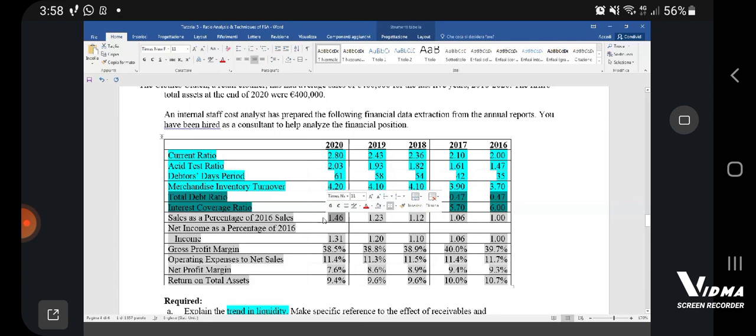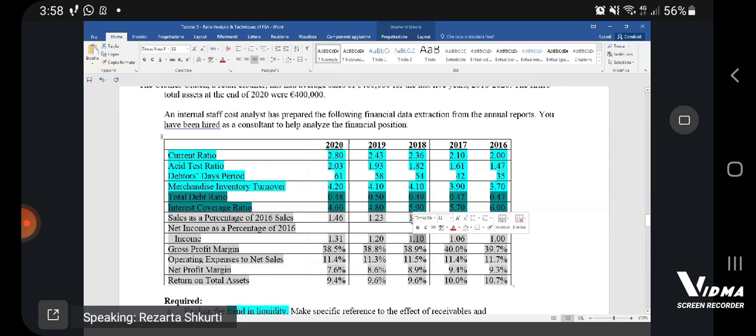The net income as a percentage of the net income of 2016. Again, we start with 100%. We have an increase in the net income, a further increase, but you see lower than that of sales. Another increase, but again lower compared to the increase in sales. Again, the same thing in 2020, an increase in net income, but at a lower rate compared to sales.